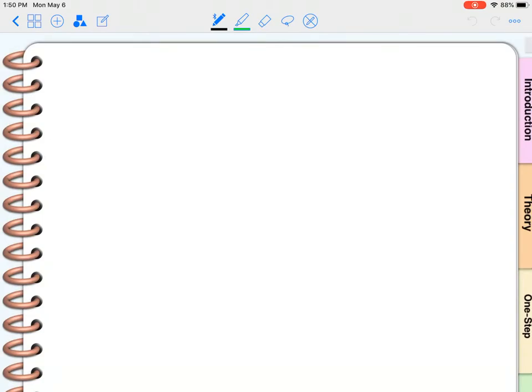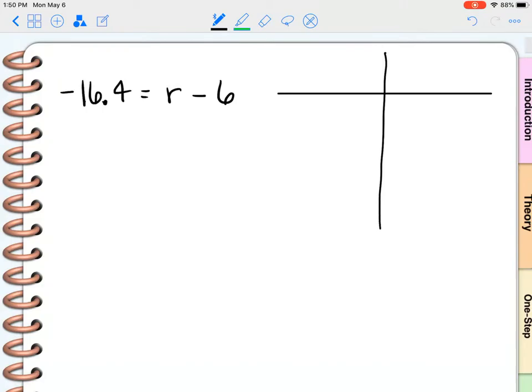How about negative 16 4/10 equals R subtract 6. So let's draw the frame. And let's put the problem on the frame. There's equals. So this is my constant side.